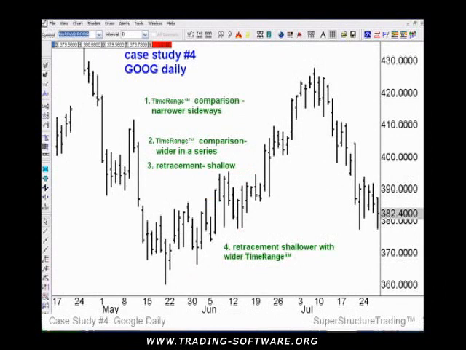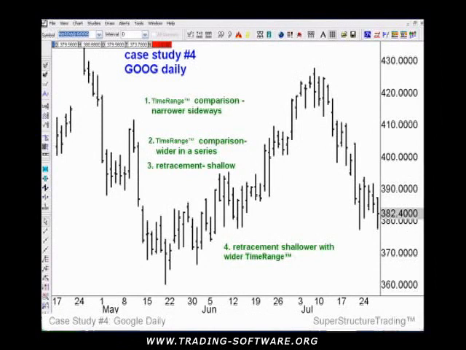So number 4, you have retracement getting shallower with wider time range. And that's happening right around here. This is almost like an improved strategy number 2, as shown in chapter 2, because now you're factoring in the time range as the retracement gets shallower the second time around.